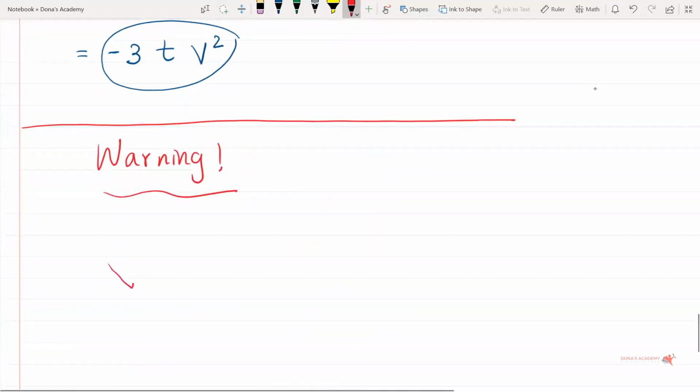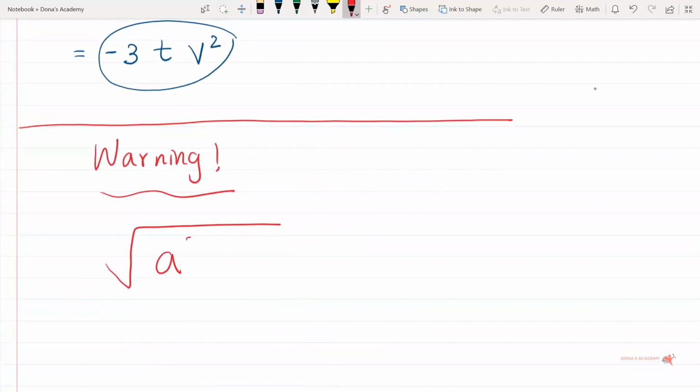So for example, if you have this thing, square root of a square plus b square, can you write it as a plus b? Not at all, right? This is completely wrong. This is not equal to a plus b. So be careful with that. You can't apply those laws, properties if you have additions, right?